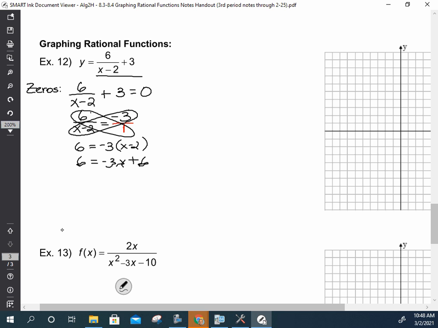There's interference in the board, so I apologize for that. Subtract 6 on both sides and then divide by negative 3. So your zero is at x equals 0.